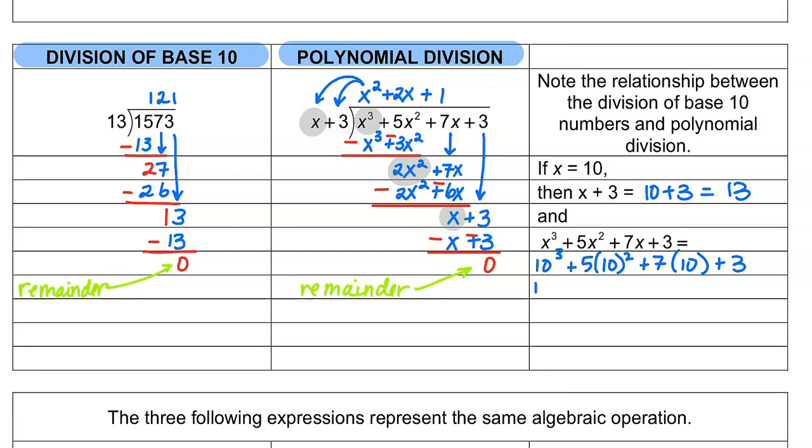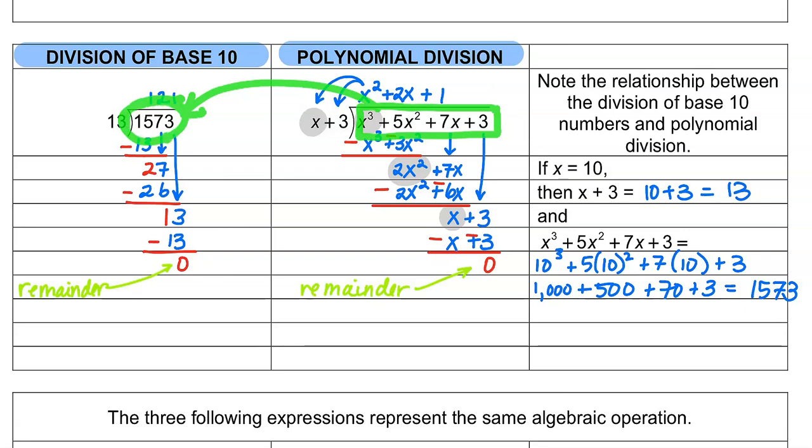Well, 10 cubed, isn't that just 1,000? 10 squared is 100 times 5, isn't that 500? 7 times 10 is 70 plus 3. Okay, and isn't that 1,573? You see that? So notice that the dividend, when I put 10 in for x here, these match.